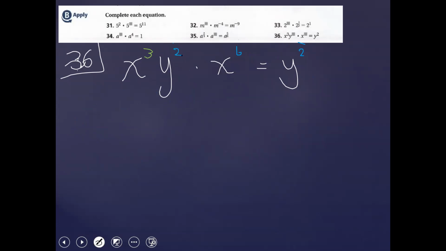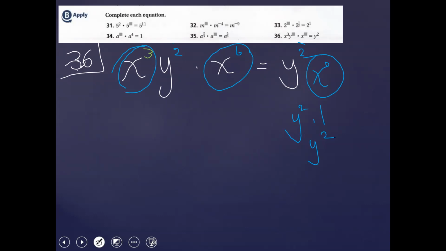Then I have to find b now. So how can it be? Here we have x, here we don't. Here also we have x, but here we don't have x. It is 1. Yes, I remember the first lesson that says x to the power 0 is equal to 1. So it is 1 times y squared, which is the same as y squared.